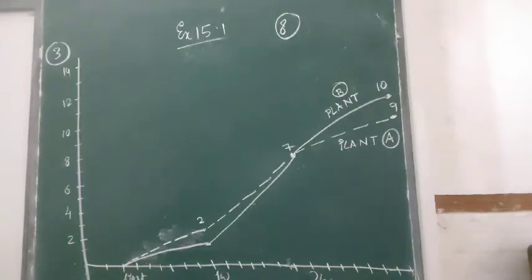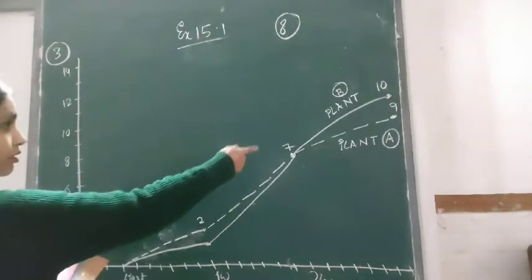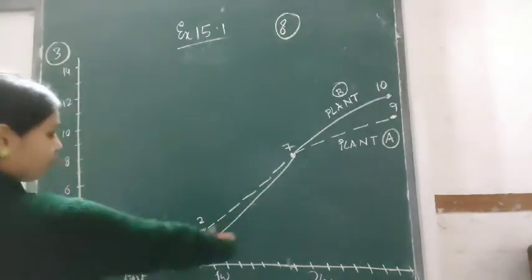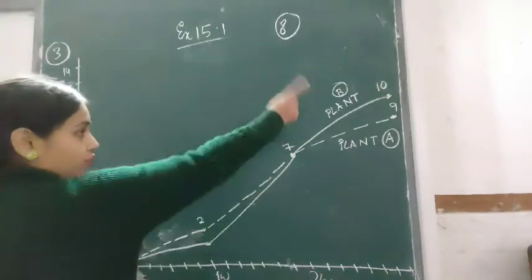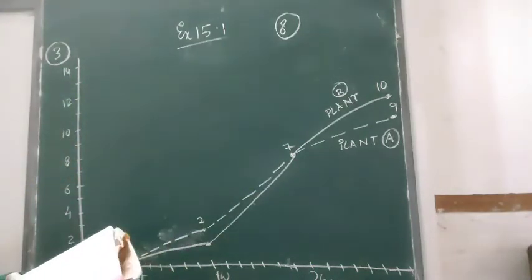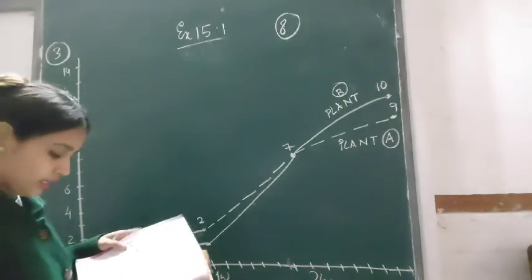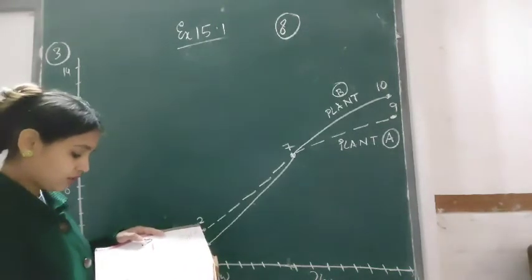Now we go to the third question. This is your question number 3. You can see the data is of two botanical plants, plant A and plant B. Plant A is shown with the dotted line, plant B is shown with the solid line. For an experiment in botany, two different plants, plant A and B, were grown under similar laboratory conditions. Their heights were measured at the end of each week.